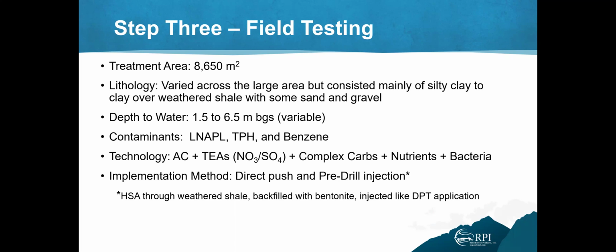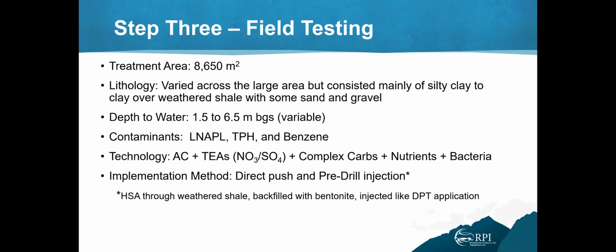So essentially, the technology was the BOSS 200, which included the activated carbon, the sulfate, the nitrate, the complex carbohydrates, additional nutrients, and bacteria, all the elements that are required for biodegradation. The implementation method was a little bit different. It's called pre-drill, and that was because you had a lot of weathered shale and things like this.